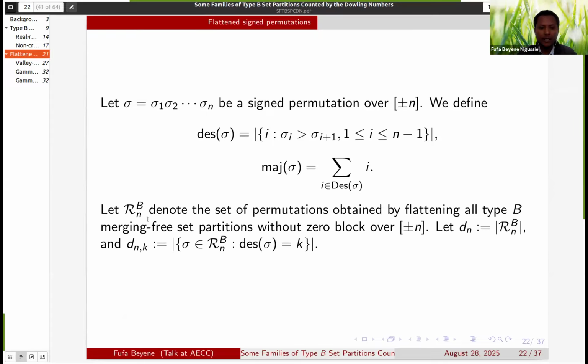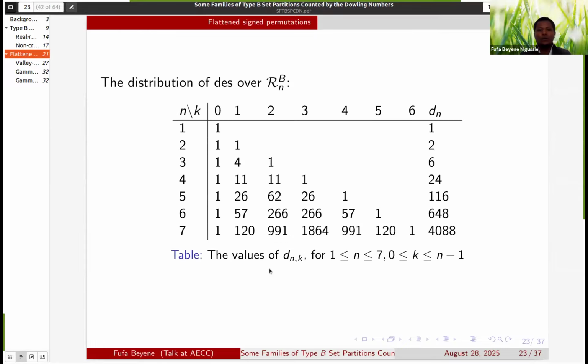So let's take this set to denote the set of permutations obtained by flattening type B merging free set partitions without zero block. If you take D_n to be the cardinality of this set and D_{n,k} enumerates the flattened signed permutations having k descents, we have these first few values of D_{n,k}.